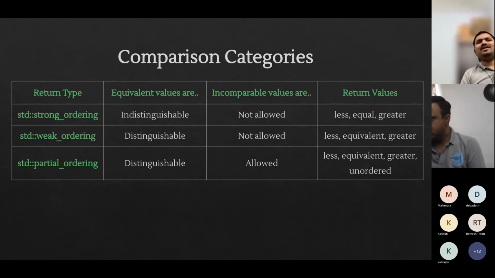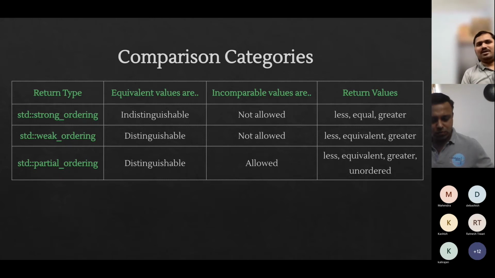Strong ordering means it doesn't allow incomparable values. What do you mean by that? Let's say you have two values A and B. Then one of the three statements, A less than B, or A equal to B, or A greater than B, will be true. Right, one of the three statements should be true. That means we are saying it is a strong ordering.